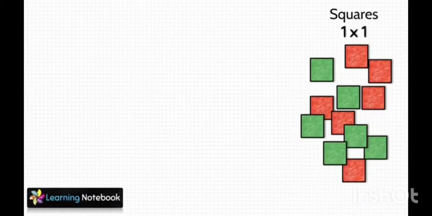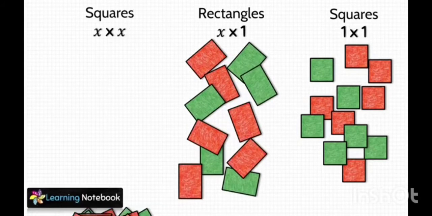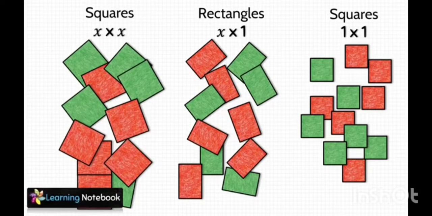So we have cut out small squares of dimension 1 into 1 units, rectangles of dimension x into 1 units, and big squares of dimension x into x unit. Students, in these cutouts, we will use green side to represent positive term and red side to represent negative term.